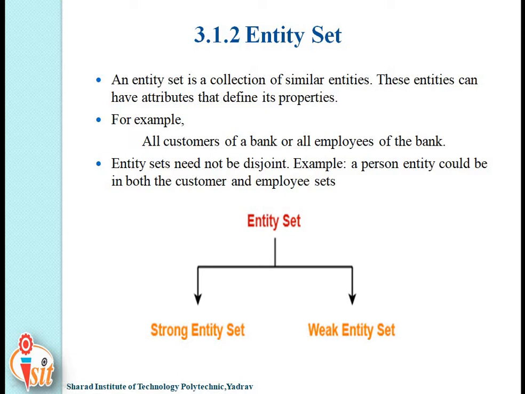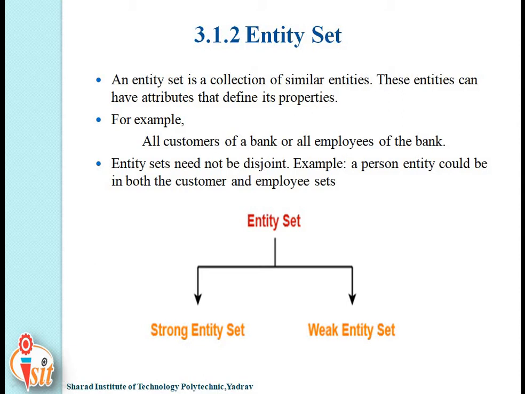It may contain entities with attributes sharing similar values. Entities are represented by their properties known as attributes. Entity sets need not be disjoint. For example, a person entity could be in both: the customer is also a person and the employee is also a person.